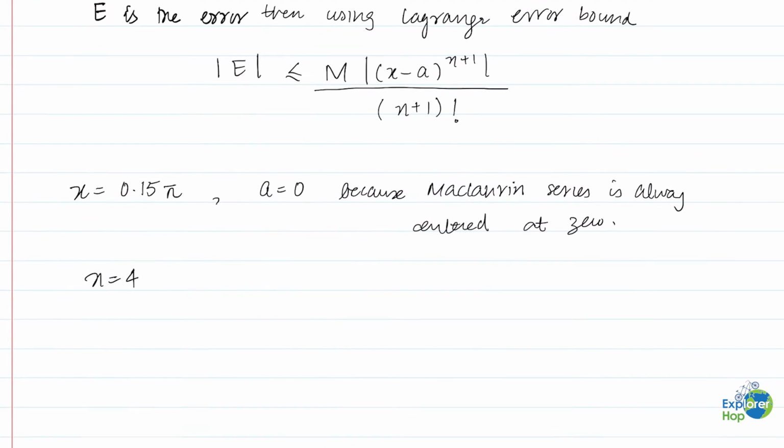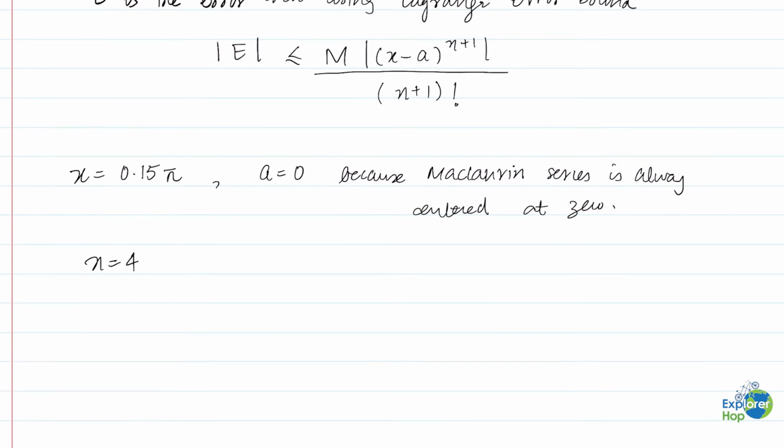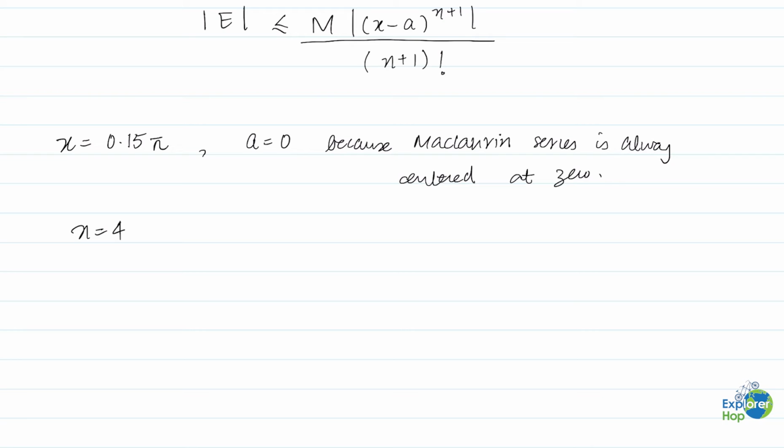And now M is the upper bound of the n plus 1 derivative of the function that we are using. In this case we are using cos x, so M would be the upper bound of the fifth derivative of cos x. Upper bound means the maximum value that the fifth derivative of cos x can have.